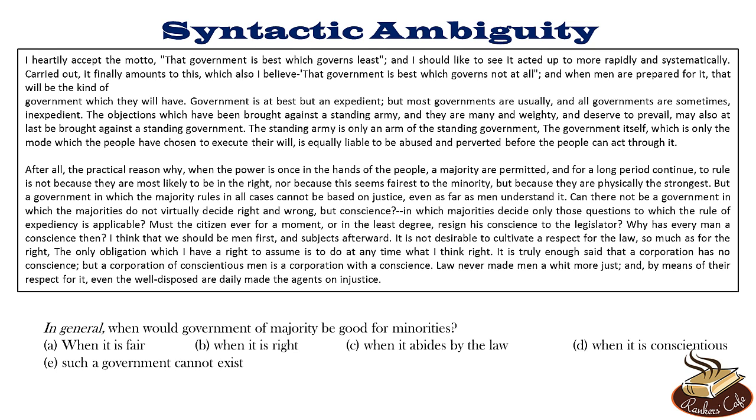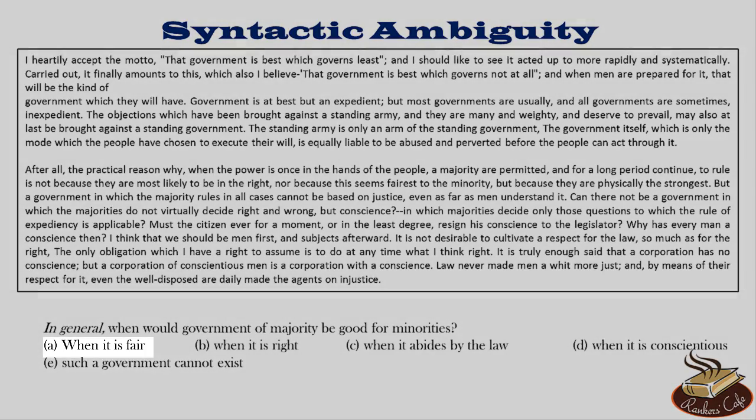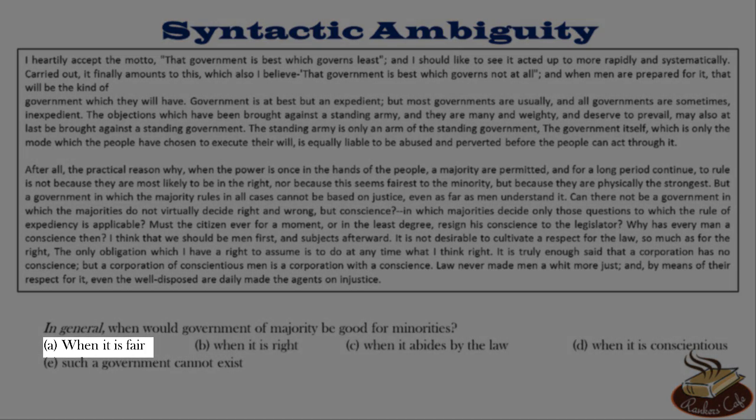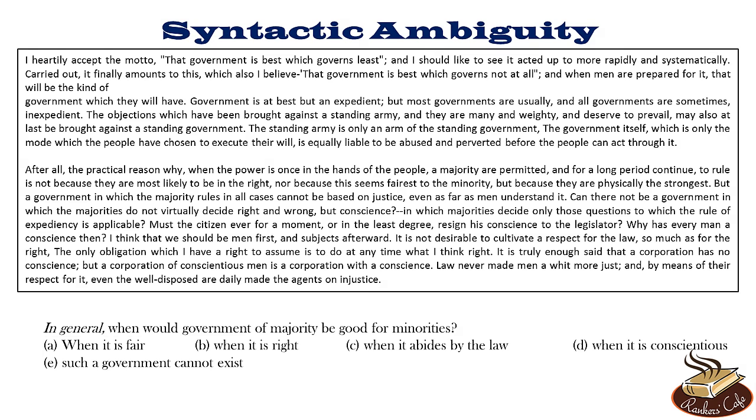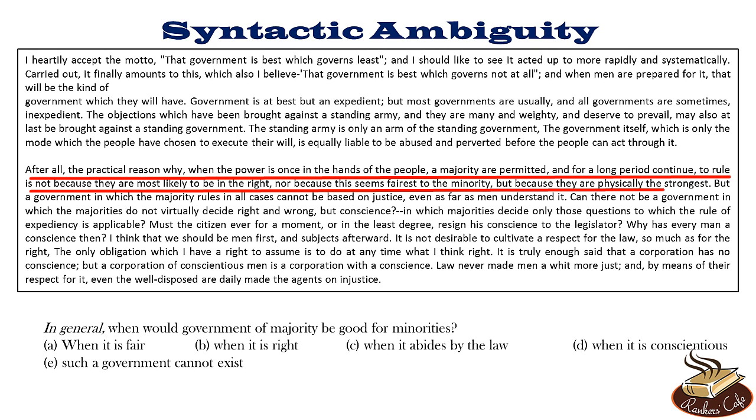When you look at the options, you will find that options A, B and C are immediately suspect for various reasons. Option A doesn't define what fair in this case would be. What would be fair? The rule of the majority, the rule of conscience, or something else altogether?